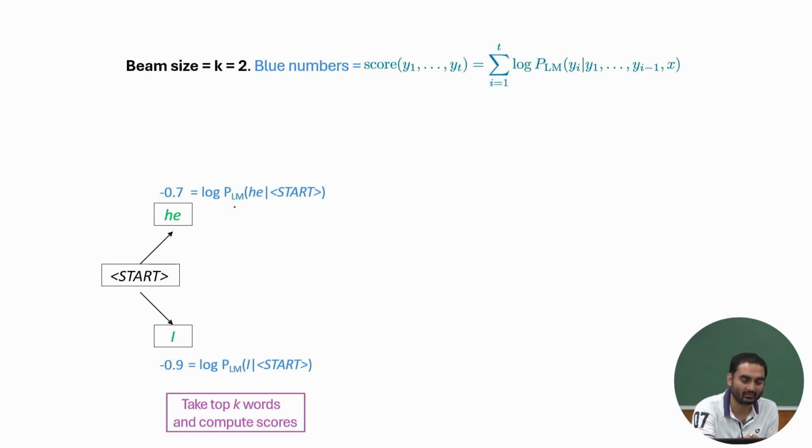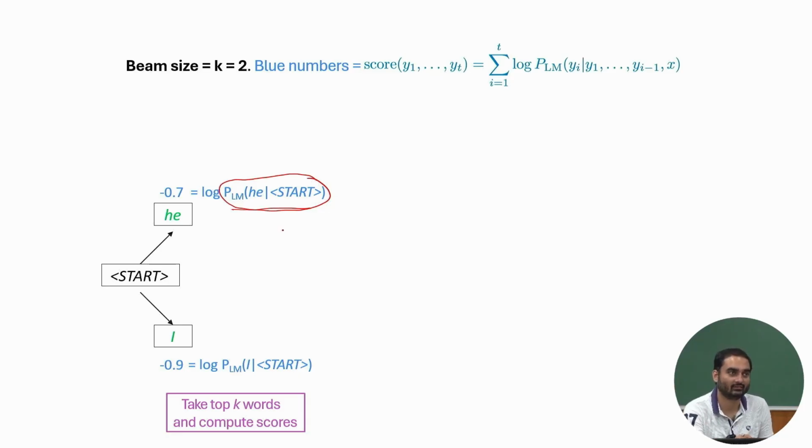And what is this log probability? How do we get it? We get the probability from the distribution, because we have the linear layer and then softmax. We take the log probability. Summing all the log probabilities is the same as multiplying all the probabilities.